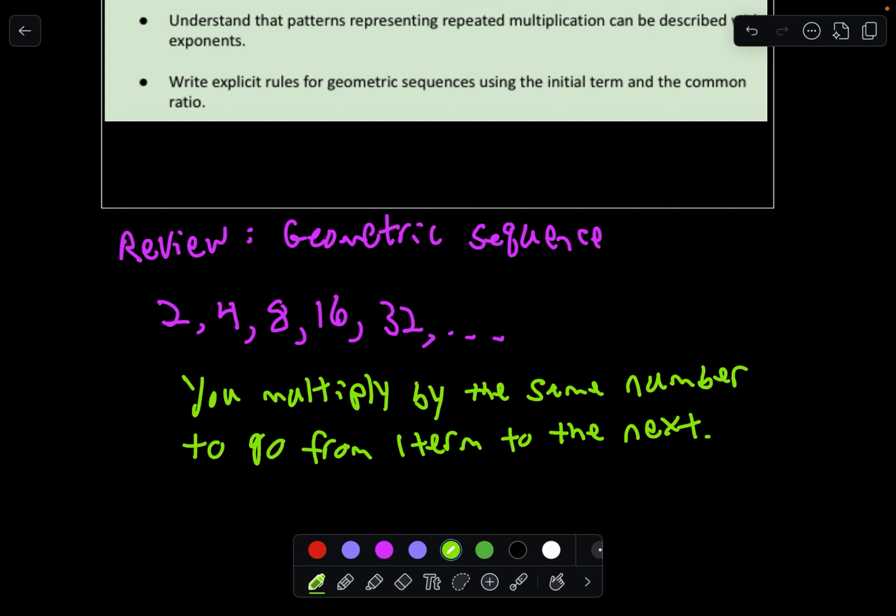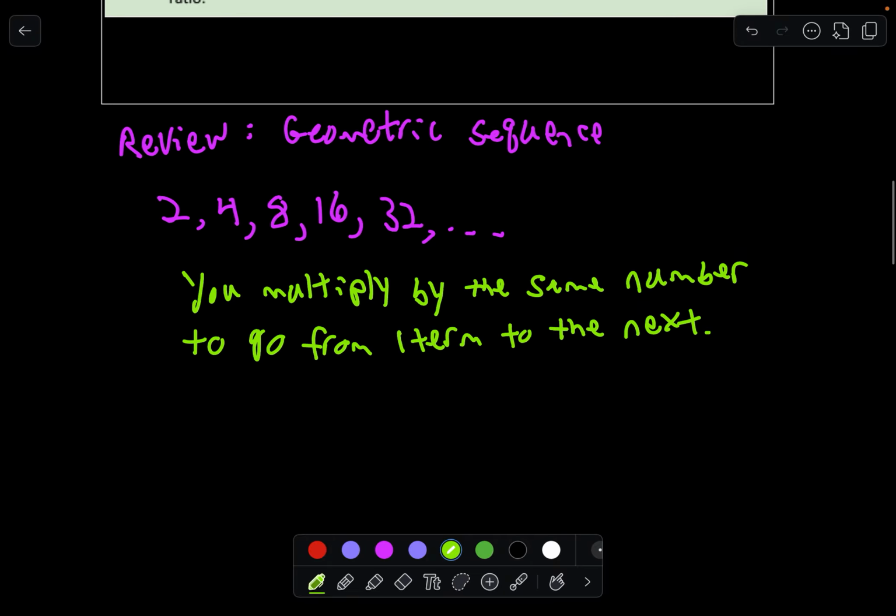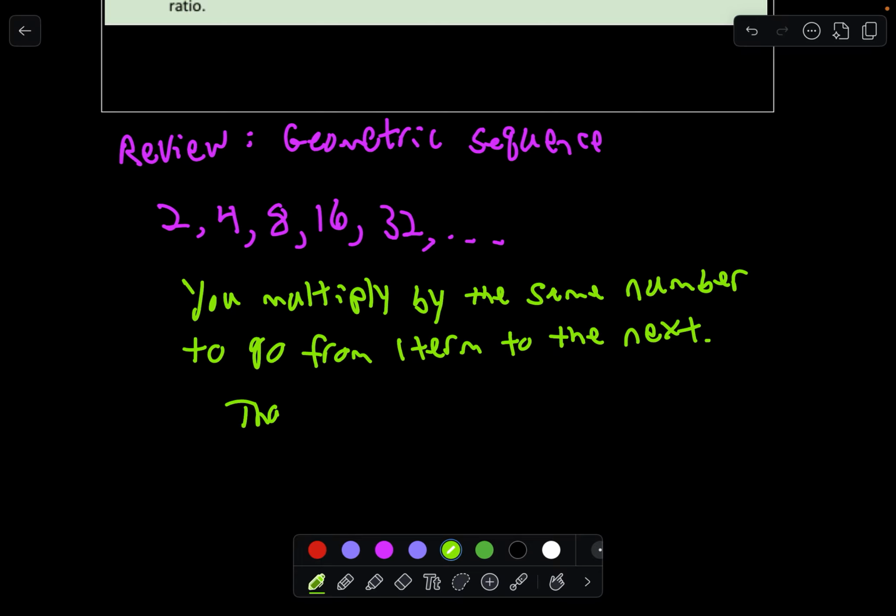As compared to the arithmetic sequence that we saw a lot of, where you add the same number each time. Remember, the arithmetic sequence turned into a linear equation, a line. This is going to be different. So we have to multiply by the same number from one term to the next. That number is called the common ratio.